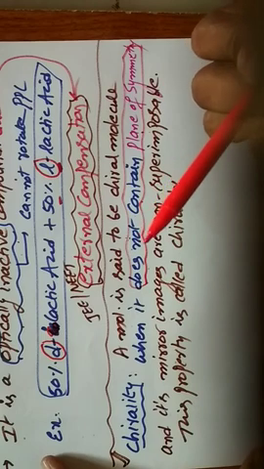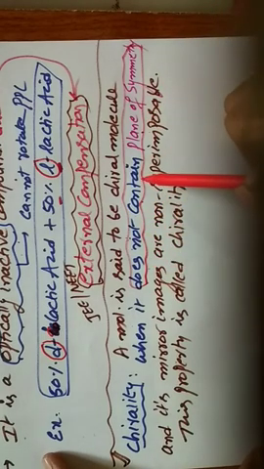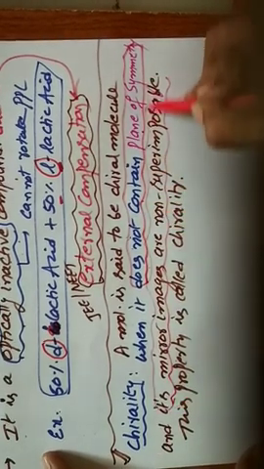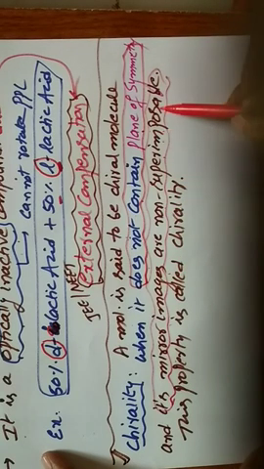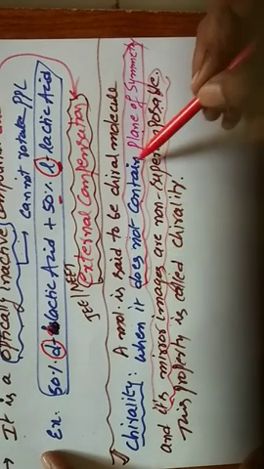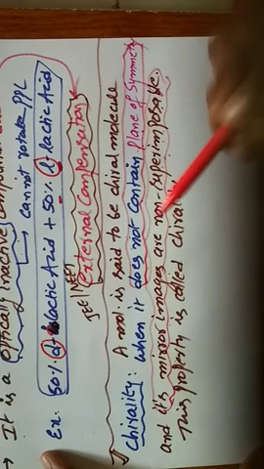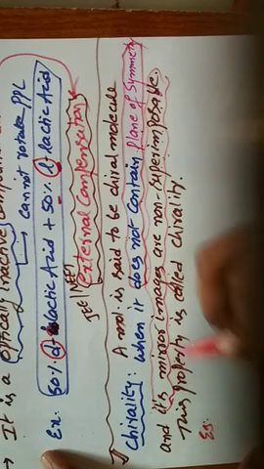That type of property is not present. Next, mirror images are non-superimposable. So whichever molecule obeys these two properties, that molecule is a chiral molecule. For example, lactic acid.